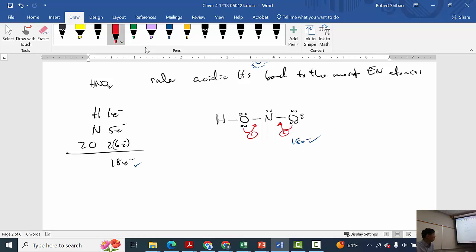Should we have the left oxygen donate or the right oxygen donate? Or does it make a difference? And so if we go down the path for option 1, we end up with this structure here. If we go down the path of option 2, we end up with this structure here.